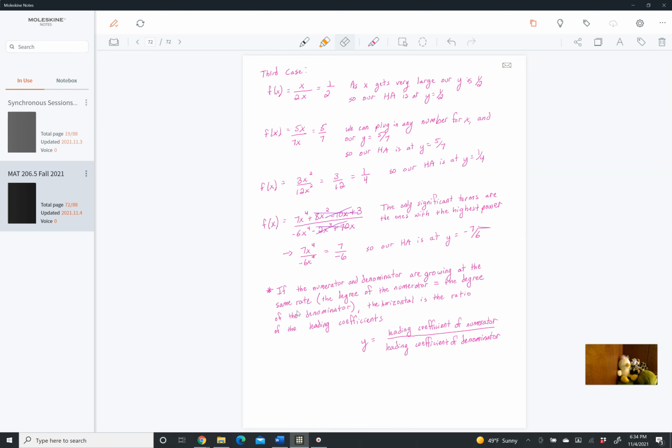There's one other kind of asymptote that we could have, and that's called a slant asymptote or an oblique asymptote. Okay, slant and oblique are the same thing. So let's talk about that for a second. And I'll show you an example of a function where you have a slant asymptote.